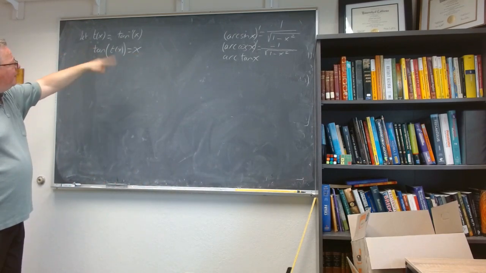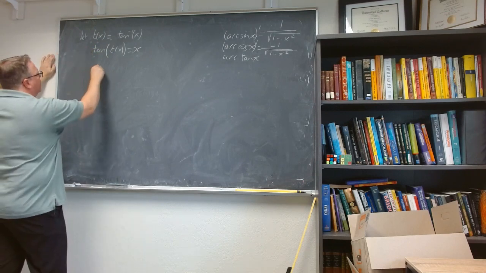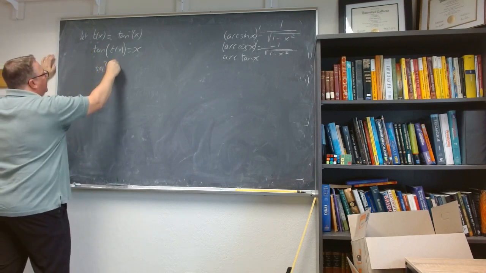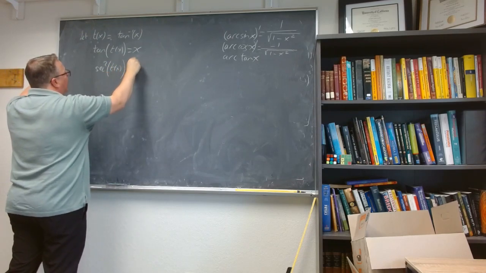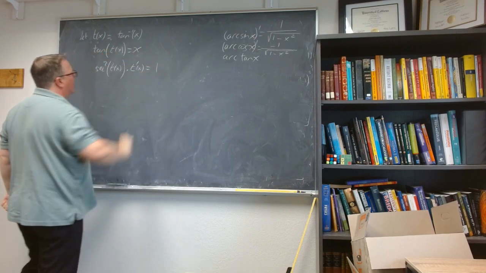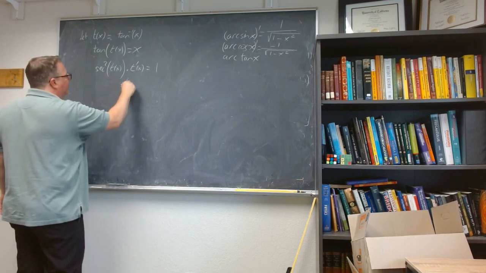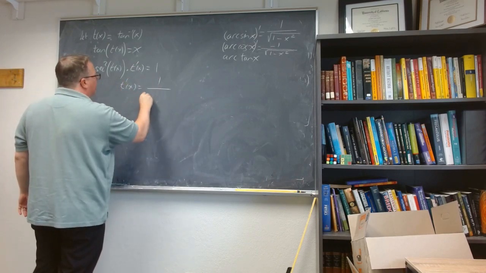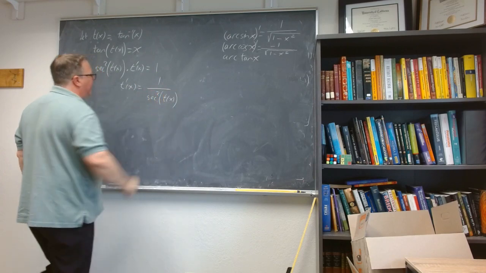We take the derivative of both sides. The derivative of tangent is secant squared. We still plug in t of x, but then we multiply by t prime of x. And that equals the derivative of x, which is 1. So this means that t prime of x is 1 over the secant squared of t of x.